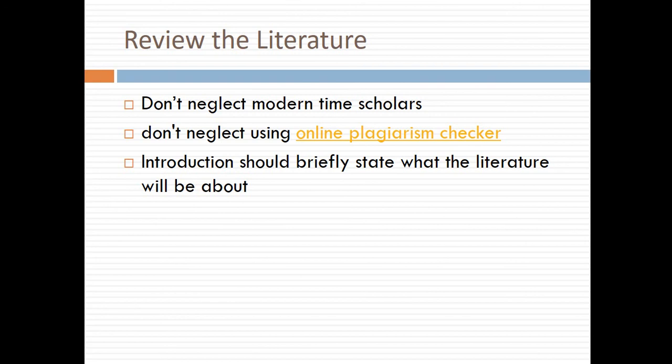Don't neglect modern scholars who are deeply concerned about the issue you stated, and don't neglect using an online plagiarism checker to make sure your paper is original. Introduction should briefly state what the literature will be about.